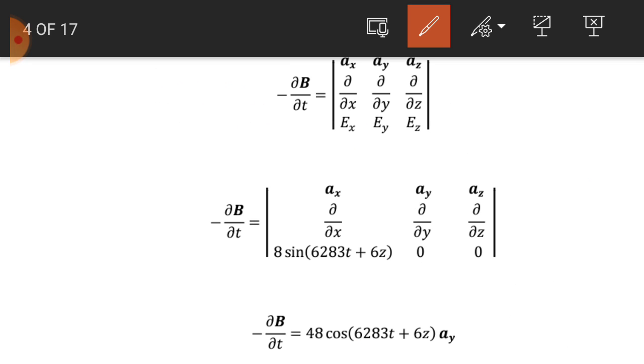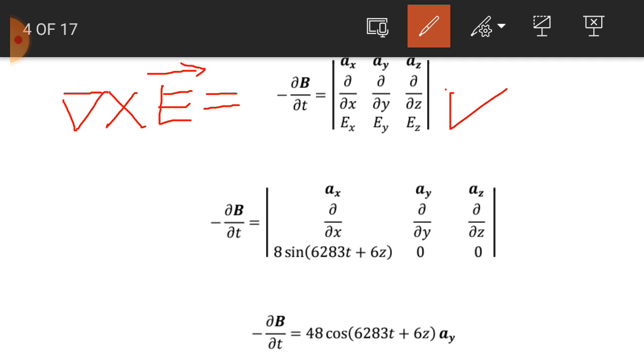So this minus curly B by curly T is basically equal to del cross E. And we calculate del cross E with the help of this determinant.